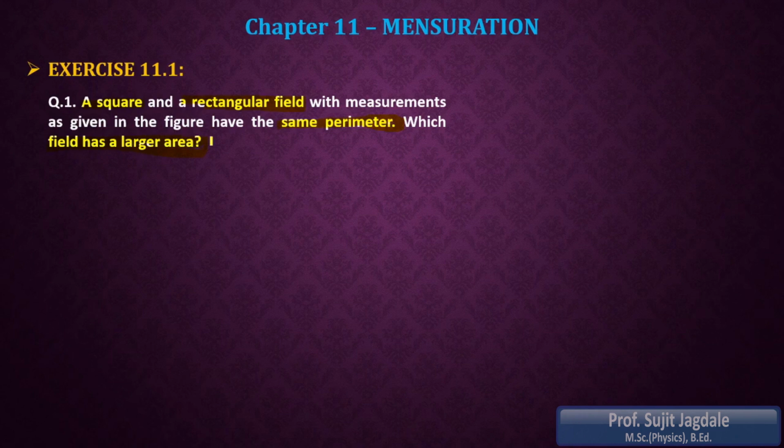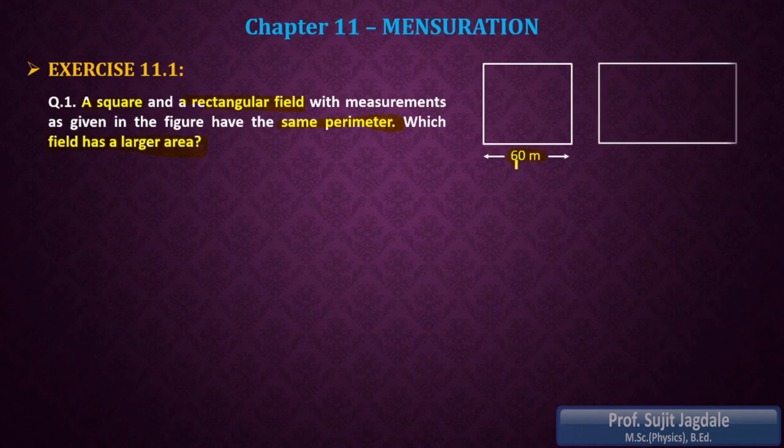Okay, here we have two shapes. First one is obviously a square whose measurements are given. You know that the property of a square is that all sides are equal in length, so all sides are going to be 60 meter. Then the second shape is a rectangle. A rectangle has two different opposite pairs which are equal in measurement.